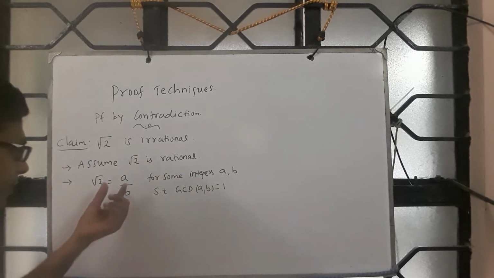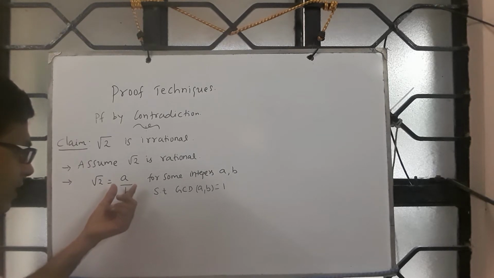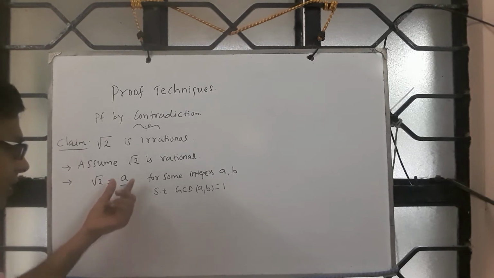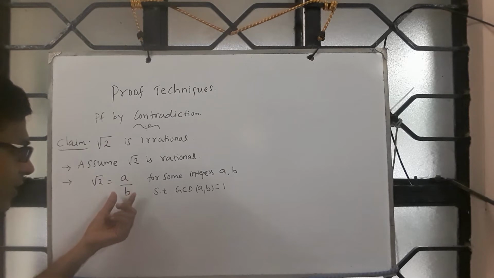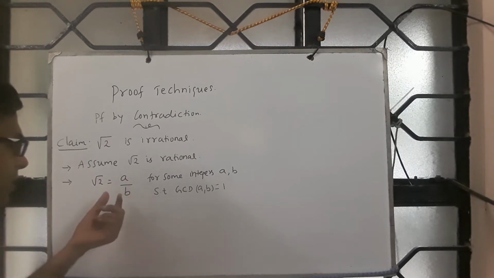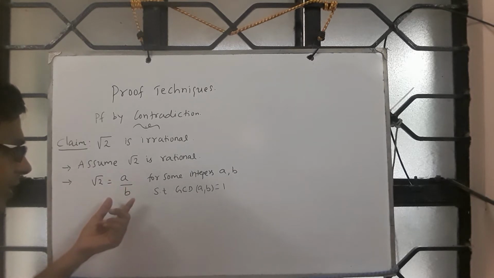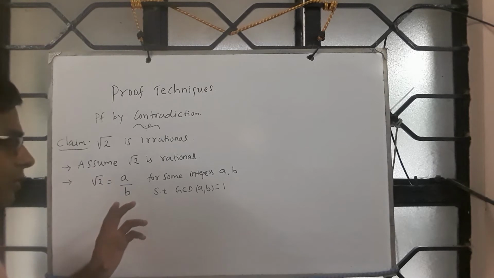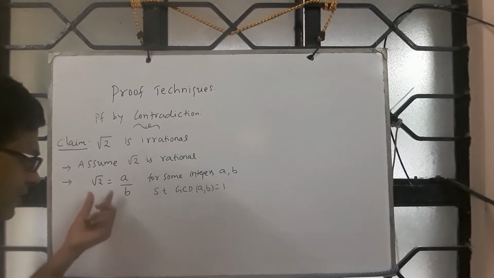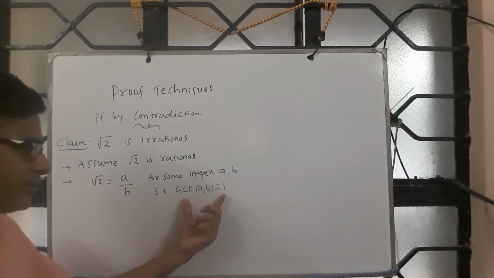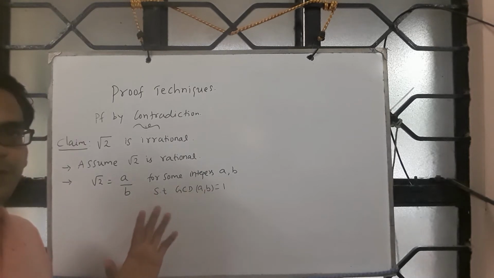Suppose you write say 18 by 2. I'll not write 18 by 2, I'll simplify it to 9 by 1. And if you have something like 12 by 4, I'll not write 12 by 4, I'll simplify that. You will simplify this in such a way that GCD of a comma b is 1.